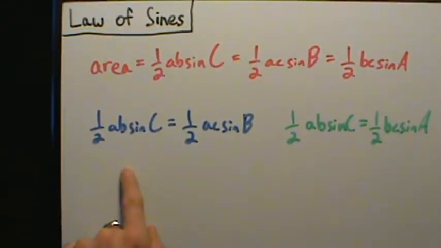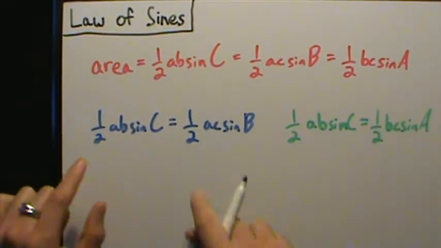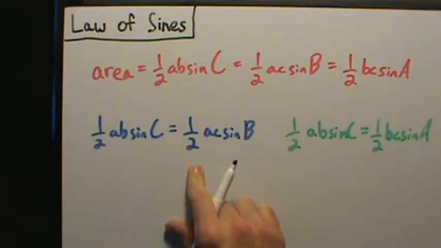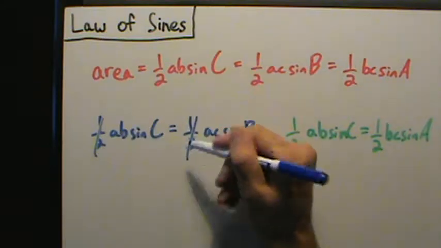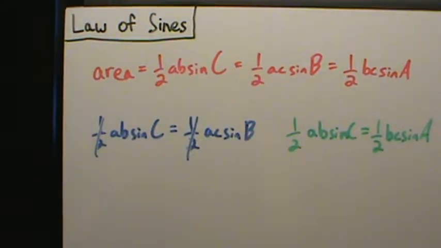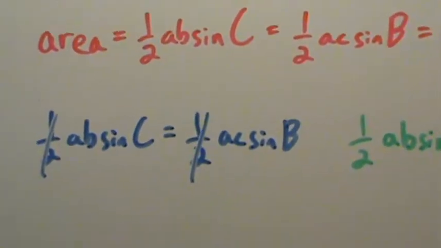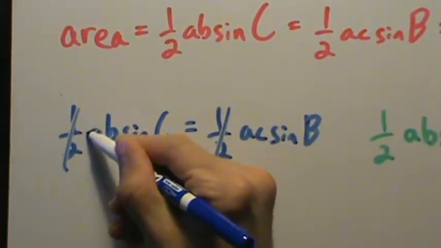Looking at the first equality, if we multiply both sides by 2, that cancels the 1/2. Divide both sides by a, that cancels the a.